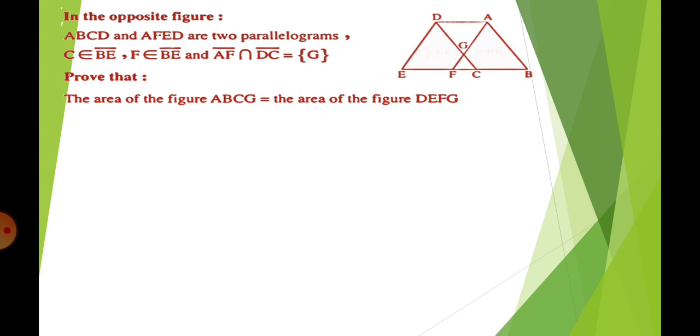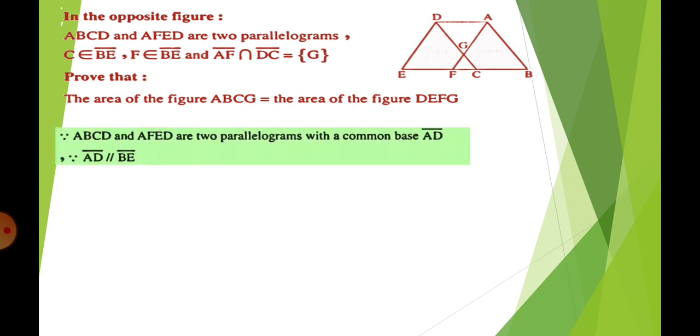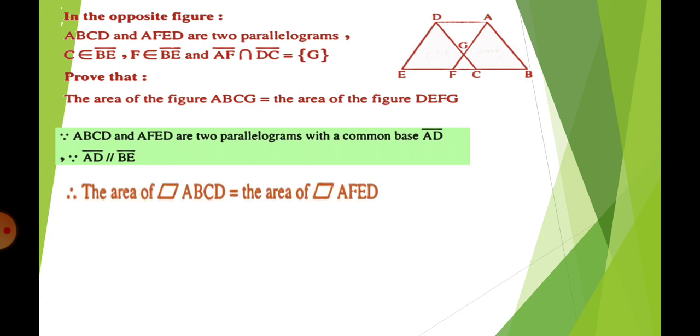Another way: ABCD and AFED are two parallelograms with the common base AD and AD parallel to BE. Then we can write the areas of the two parallelograms are equal, then area of ABCD equals area of AFED.